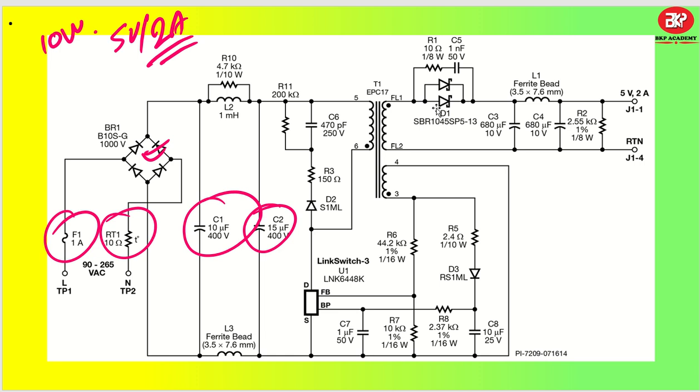This is a Schottky diode used at the secondary side to give the rectified output, and these are the capacitors, used either for filtering or as the bulk capacitor. So this is the complete design for this 10-watt adapter charger.